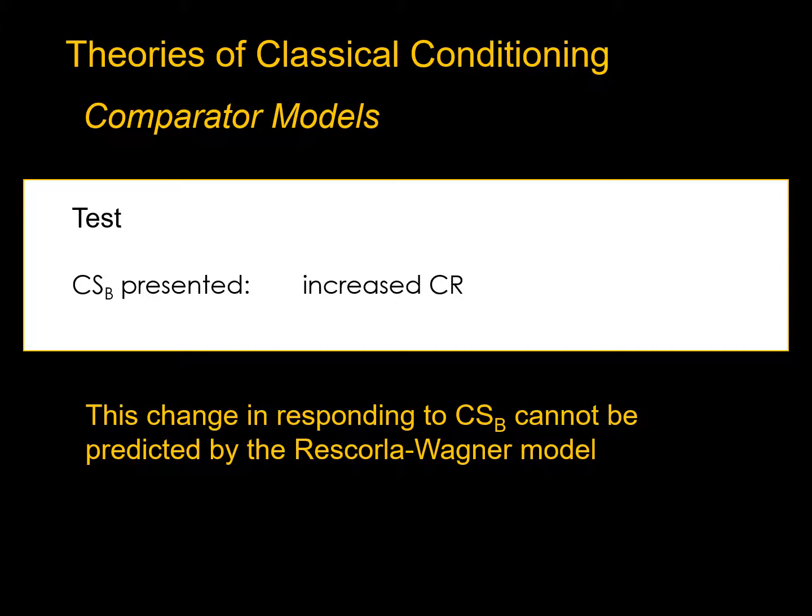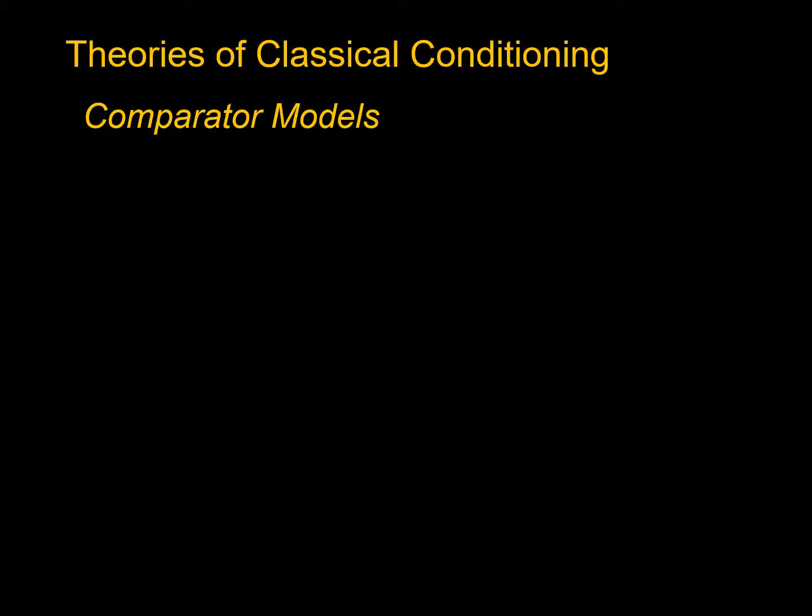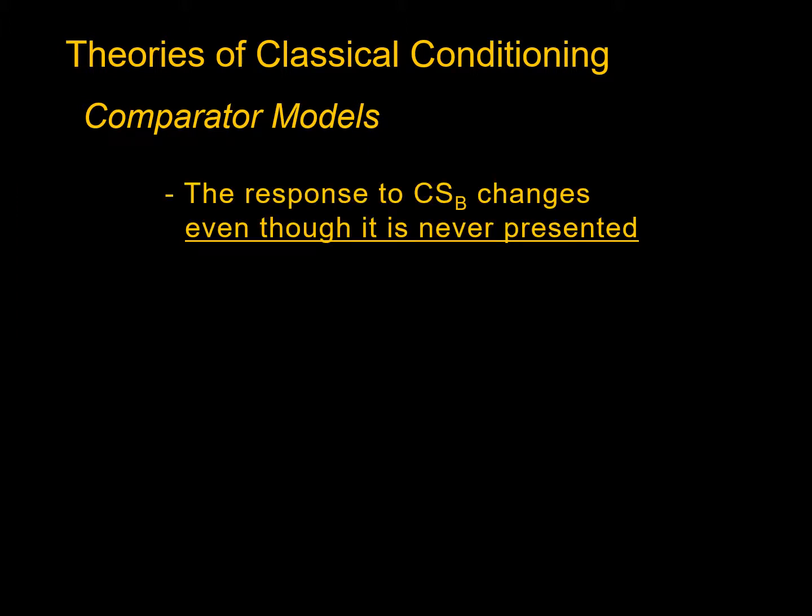By extinguishing the really good predictor, CSA, CSB, which started out as a pretty poor predictor, is still an equally poor predictor. It was never right more than 50% of the time. And when you also had another stimulus that was right 100% of the time, well, of course you're going to learn about the one that's right 100% of the time. You're not going to learn much about this one. But you learned a little bit about that one.